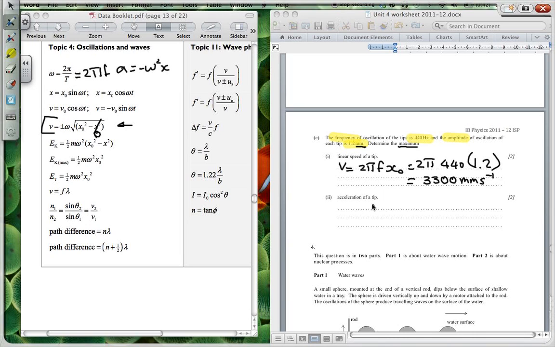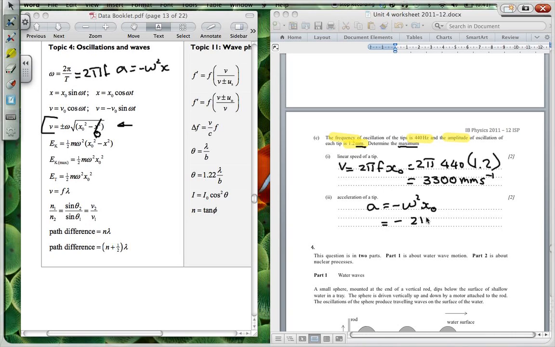The acceleration, the same thing. Acceleration is equal to minus omega squared x. Because we're looking at our maximum, that occurs when our x is equal to x0 at our maximum, so it's going to be again a similar situation. But now we've got this omega squared. Now we can keep our negative sign, and then we always know that's just saying that it's in the opposite direction to our displacement.